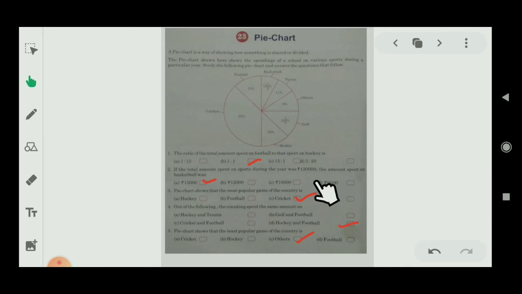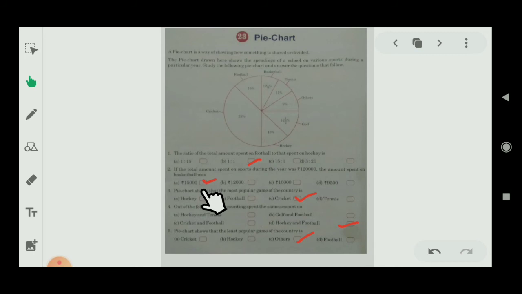That means the equation will be 12 and 1 upon 2 percent multiplied by 1,20,000, and when we solve, its value will be 15,000 rupees. That means option A.